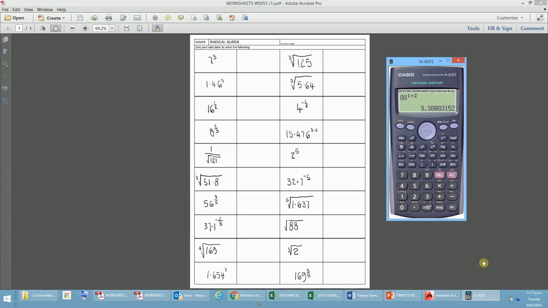So once you've got that calculator going and you've got those all working for you, yeah, I'd suggest you go. I'll just do one more, 32.7 to the power of -5, all clear.